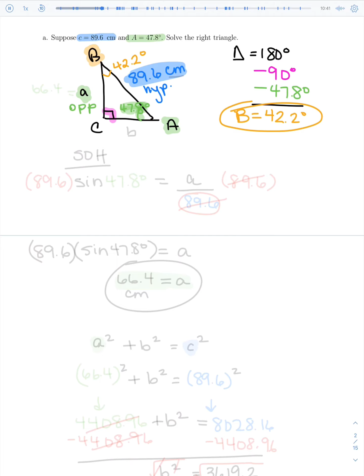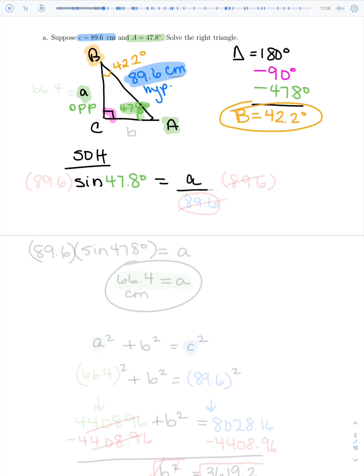Well, that's SOHCAHTOA, the SOH, which means I'm going to be using sine. So I'm going to be using the sine of our angle, which was 47.8, our angle A. Remember, sine is opposite.